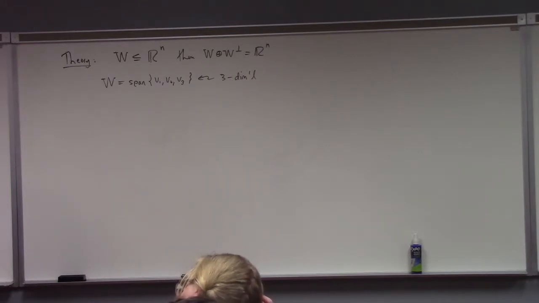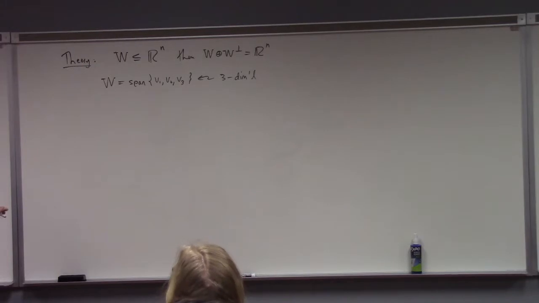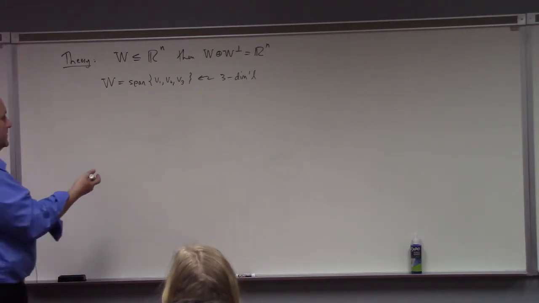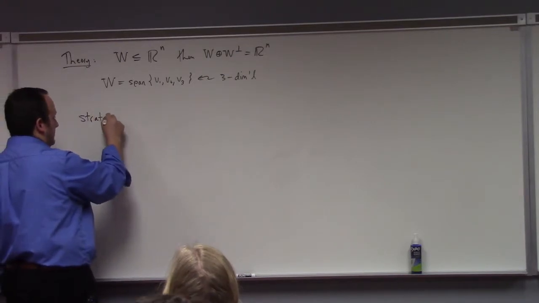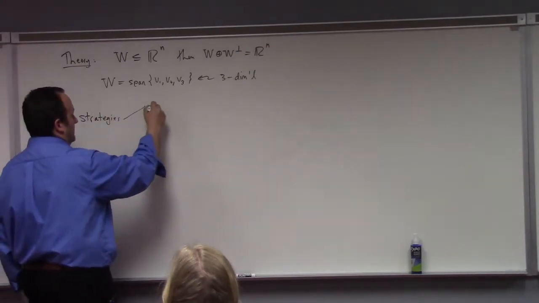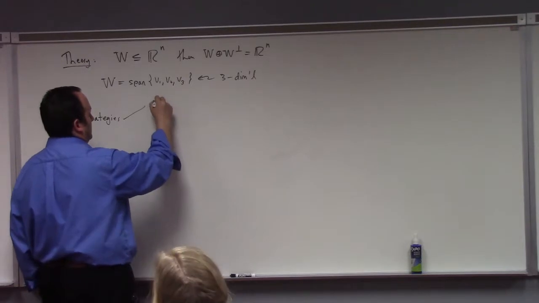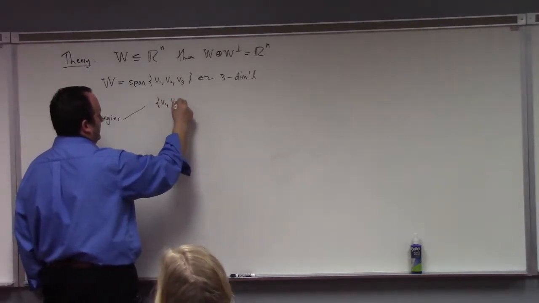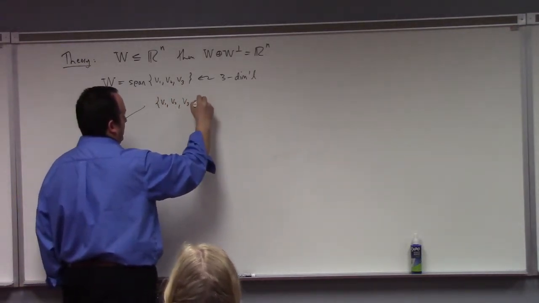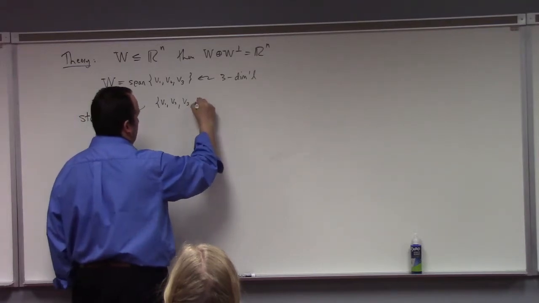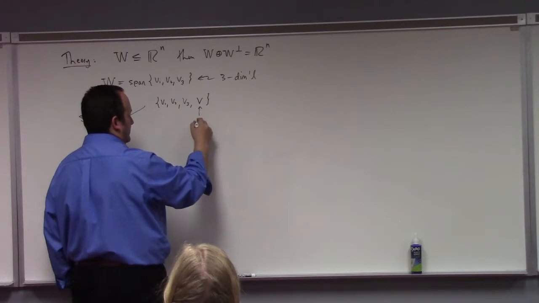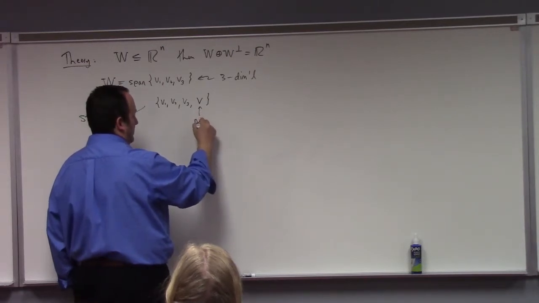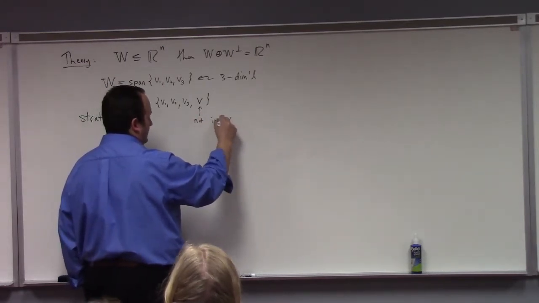Now, there's a lot of different ways to find V4. Here's the strategy I see. Take V1, V2, V3, and let's say V. You just need to find something here that's not in W, right?